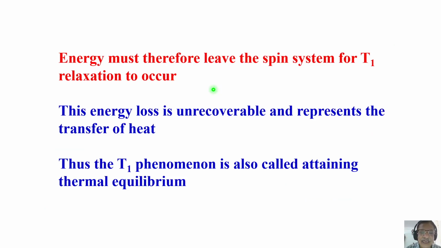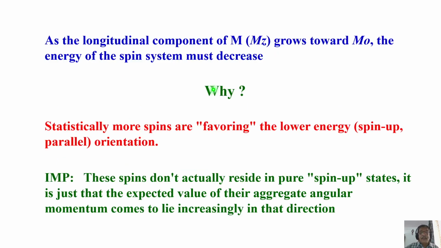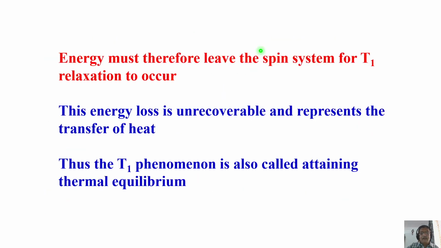For this relaxation to occur, I said energy must leave the spin system. The energy of the spin system must decrease. Not only decrease, it has to leave the spin system. Where does it go? It has to go somewhere.